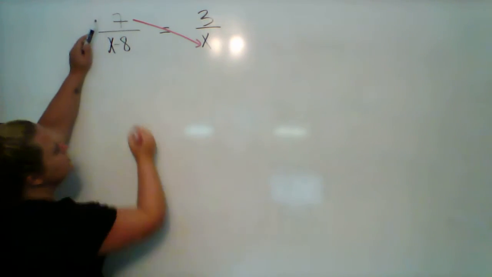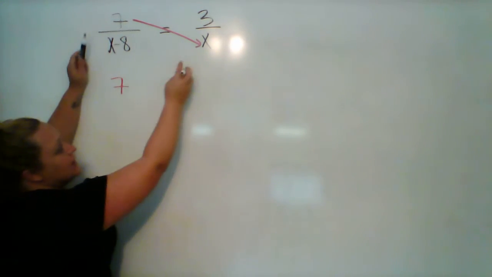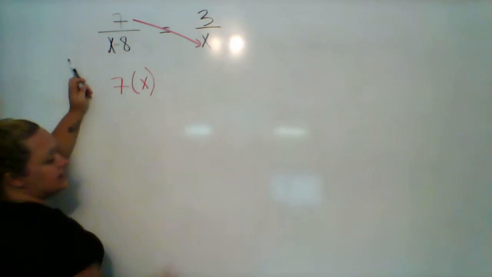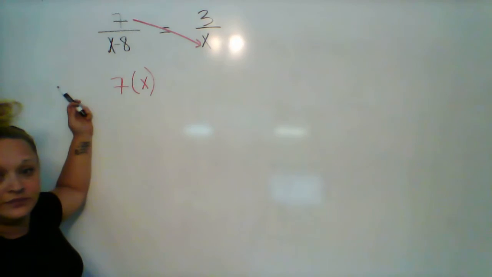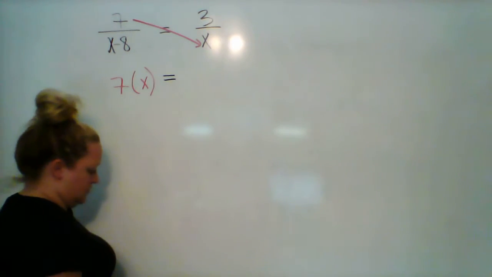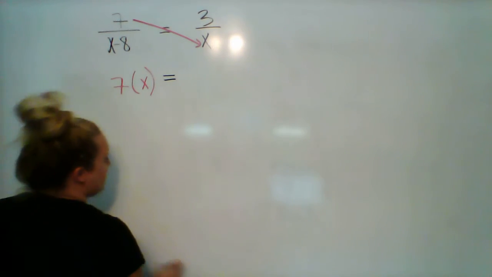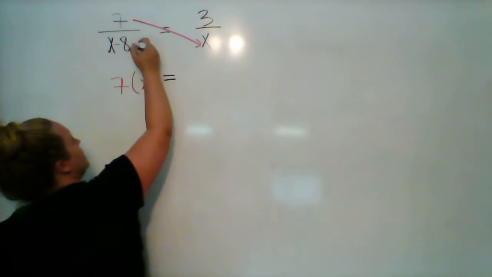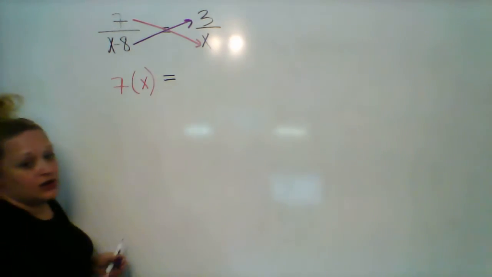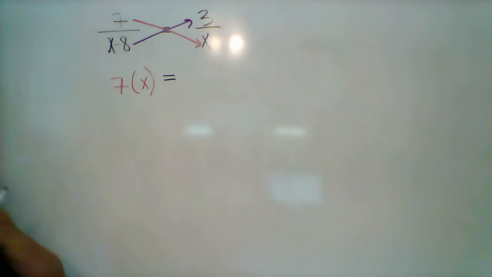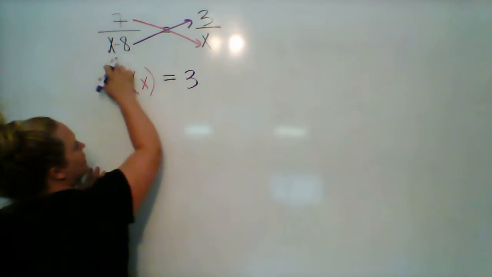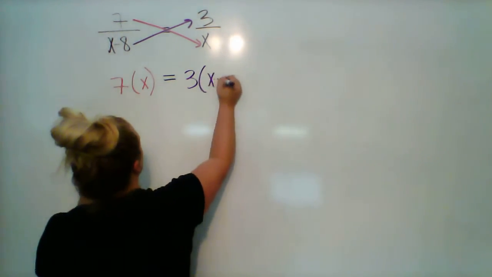The number goes outside the parentheses. The variable or the equation goes inside the parentheses. Every time. Our equal sign comes straight down. Now we're going to draw an arrow from this denominator to this numerator. And again, the number goes outside and the equation goes inside.